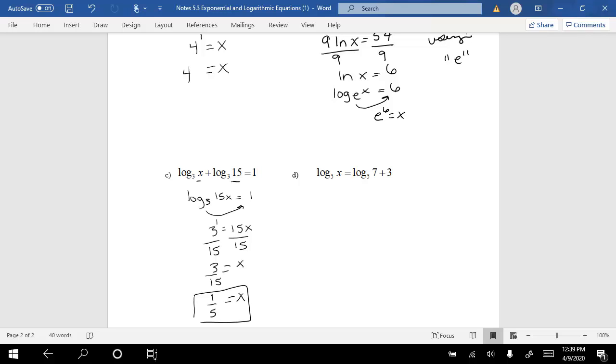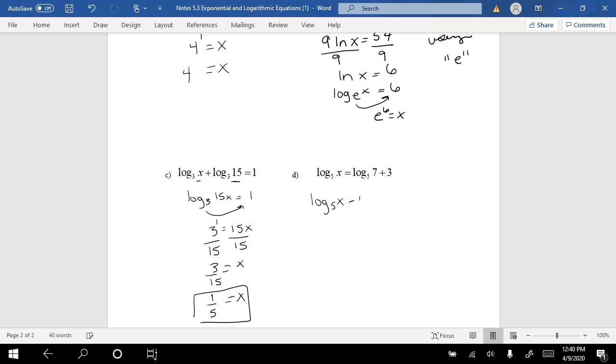What do you think you would do to number D? Step 1 says to get the logs together in one single log. Well, if I'm going to get them together in one single log, then I'm going to have them on the same side. So I'm going to move log base 5 of 7 over to the left side. Just as if I was moving anything over, I would do the opposite.